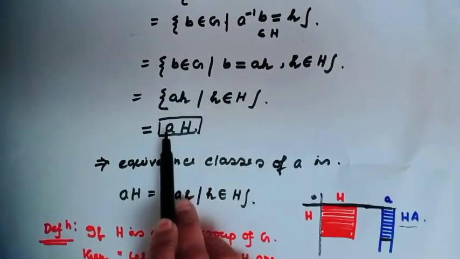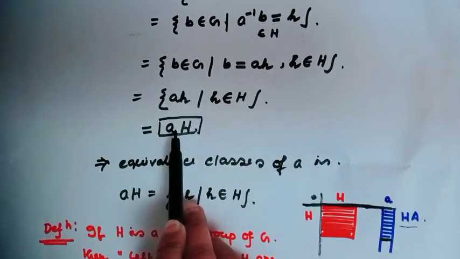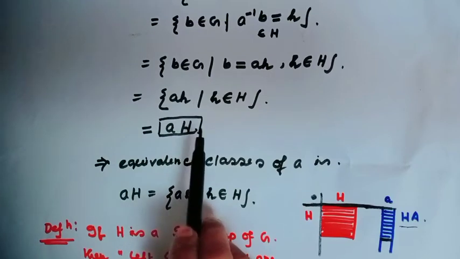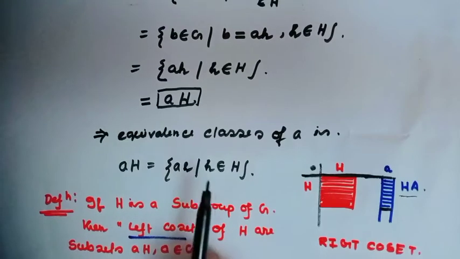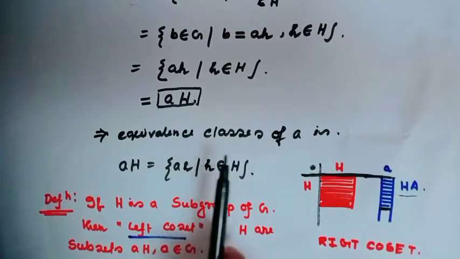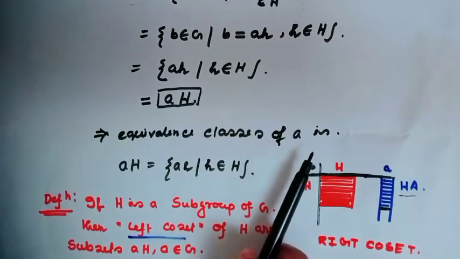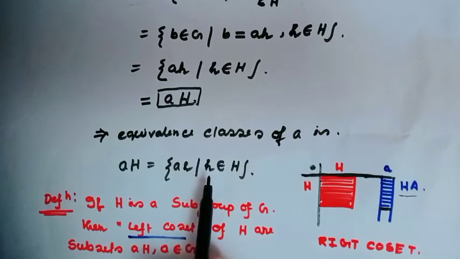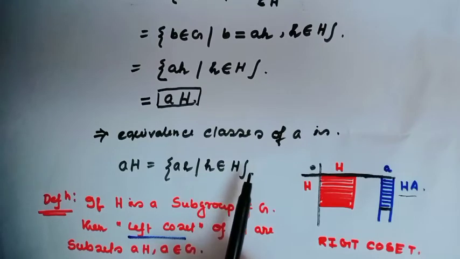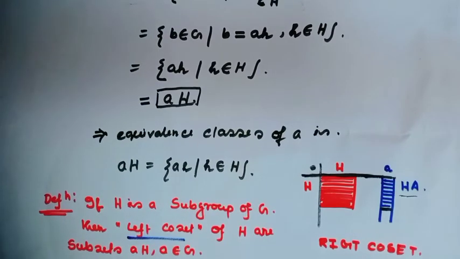And this is similar to a times S. Okay? That means the equivalence class of a is a times S, which is equal to as, where s is a member of S. Okay?